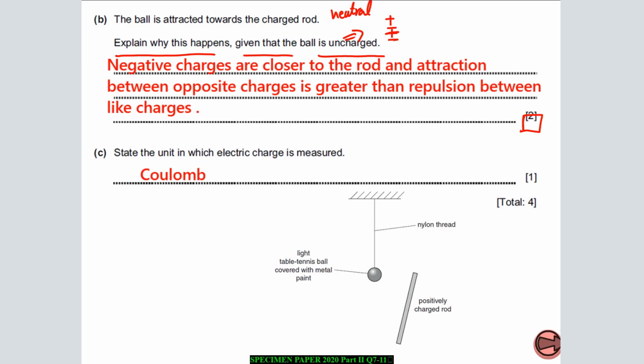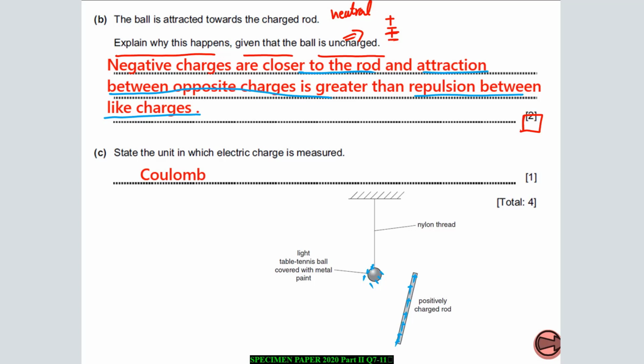Negative charges, for example, are closer to the rod, and attraction between opposite charges is greater than repulsive forces between like charges. So what exactly does it mean? It simply means that this side, as we have discussed, becomes more positive and this side becomes more negative, and this rod was positively charged.